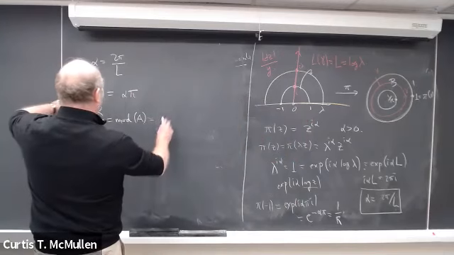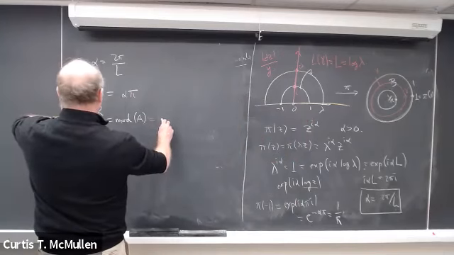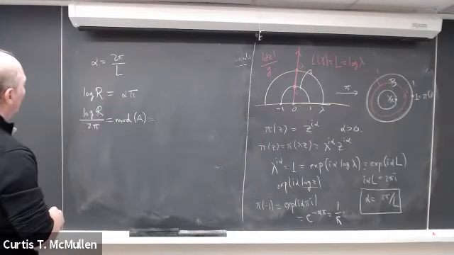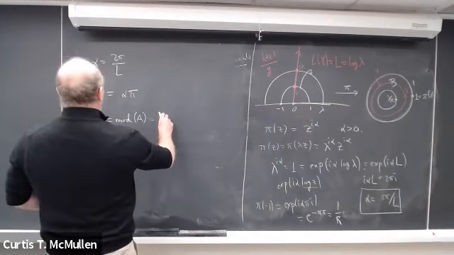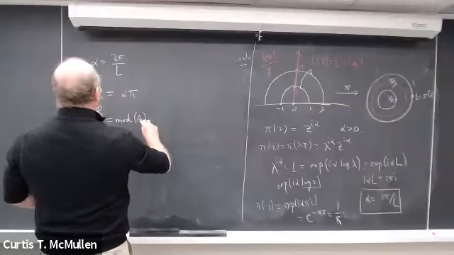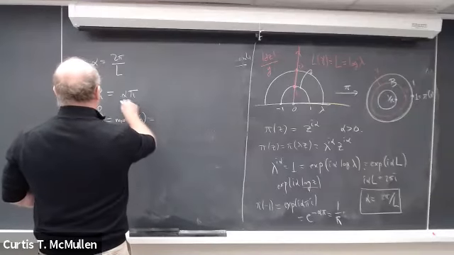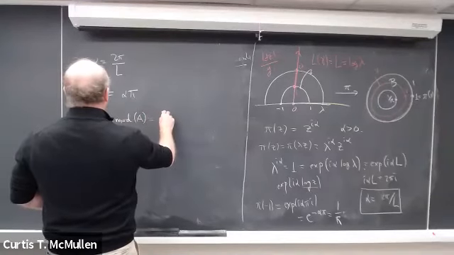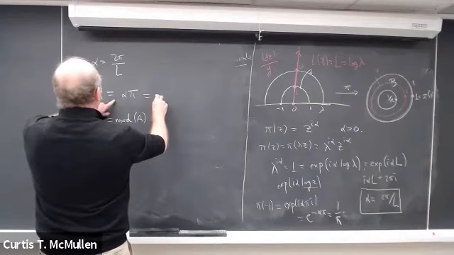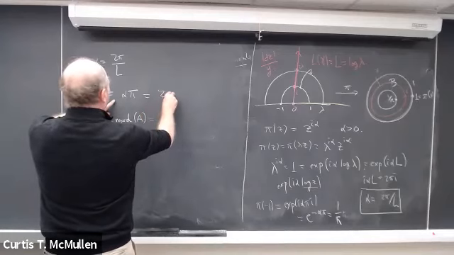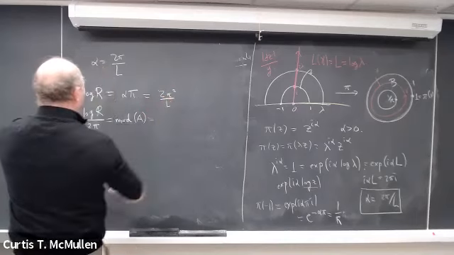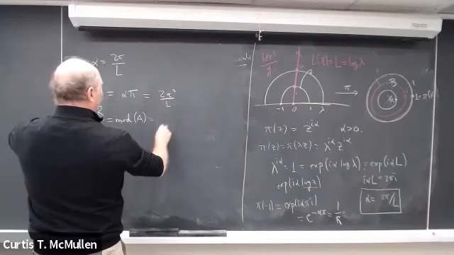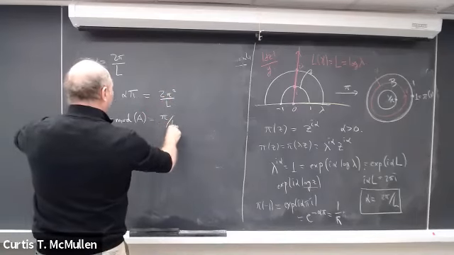So I have to divide this by pi, and I hope I have this right. Right, so alpha is 2 pi over L. So log r is 2 pi squared over L, and then I divide this by 2 pi and I get pi over L.